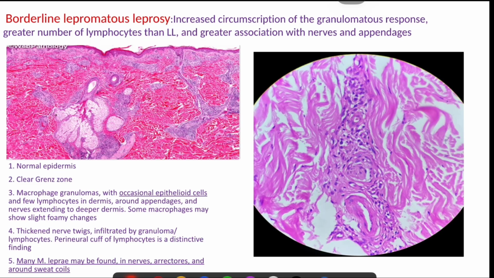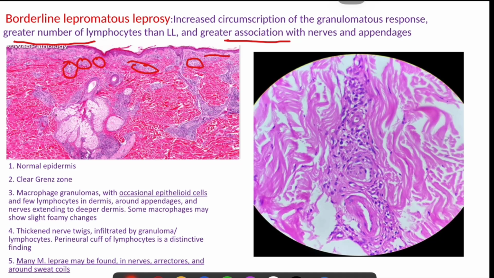Borderline lepromatous leprosy, where there is increased circumscription in the granulomatous response, and you can identify patchy or nodular appearance of this collection of histiocytes, and here there is a large number of lymphocytes compared to lepromatous leprosy and greater association with nerves and appendages.